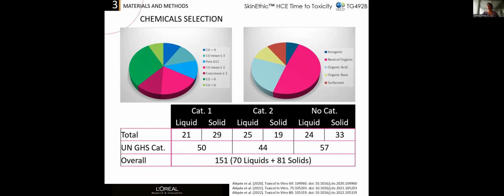What was important also in terms of the selection of this NAM was that we represent different generic classes.